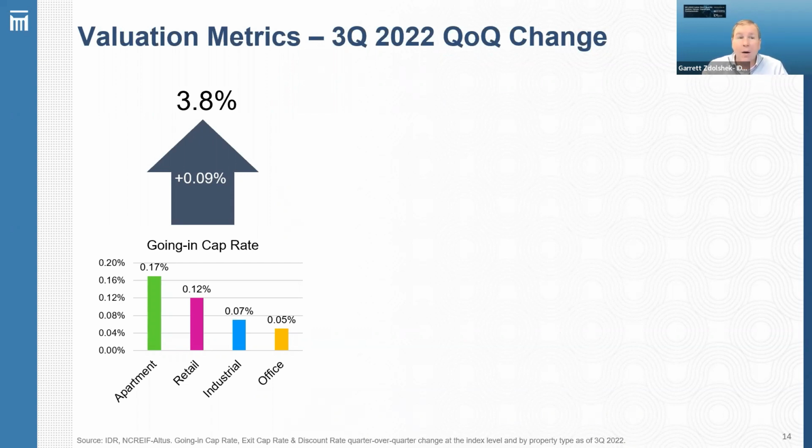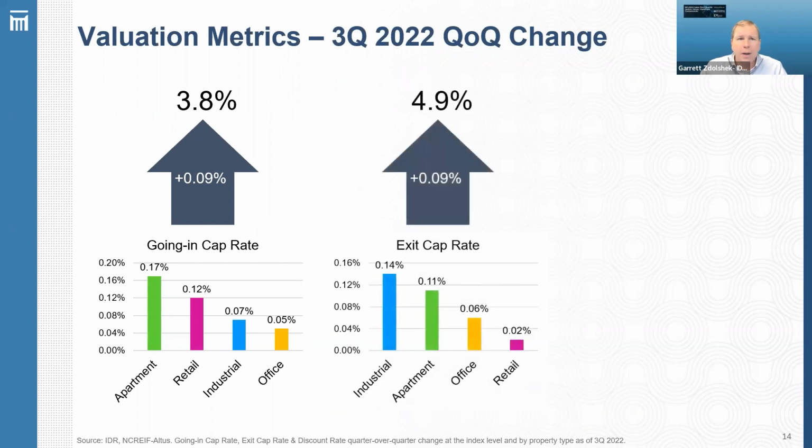Values as a whole went down slightly because going-in cap rates went up a modest 9 basis points. Exit caps again went up a modest 9 basis points, but the exit cap is pushing closer to a 5, which I think is positive.